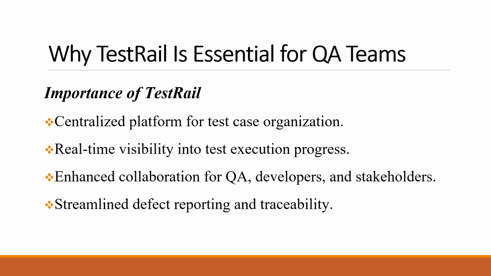It enhances team collaboration by enabling seamless communication between QA teams and developers, helping to resolve defects quickly. TestRail supports streamlined defect reporting and traceability, ensuring that bugs are linked to test cases and requirements. Overall, TestRail empowers QA teams to plan, track, and optimize their testing efforts effectively.